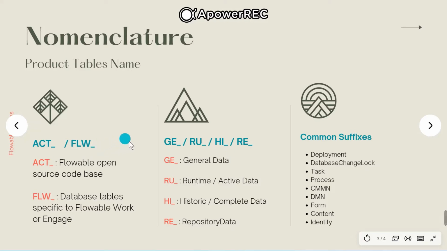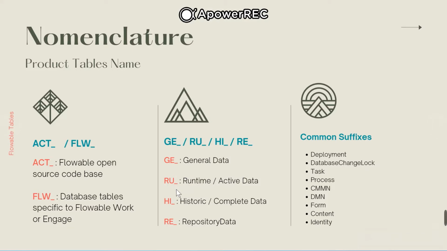Now the second part of the table name, after the first underscore, is a two-character identification specifying the specific use case of the table. It could be either GE, RU, HI or RE. Here GE stands for the generic tables or general data, whereas RU stands for the runtime or active instances.